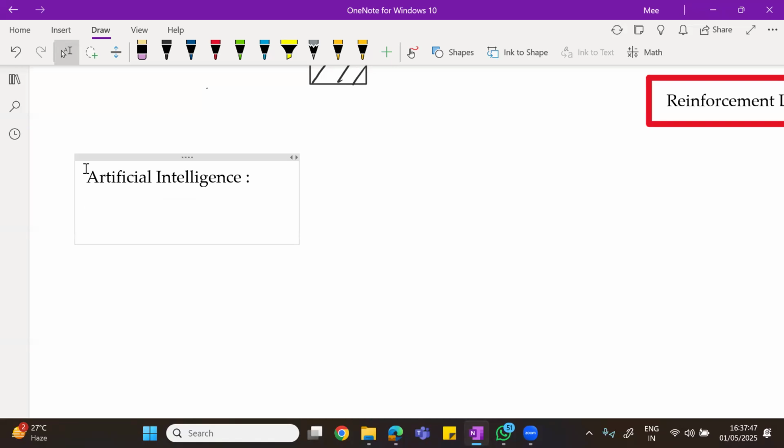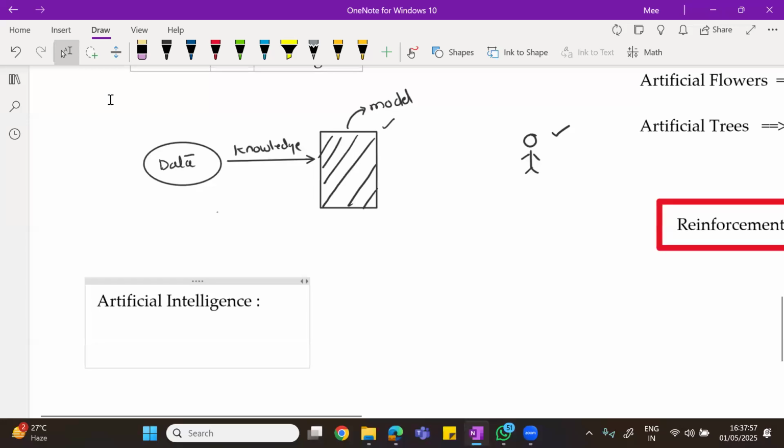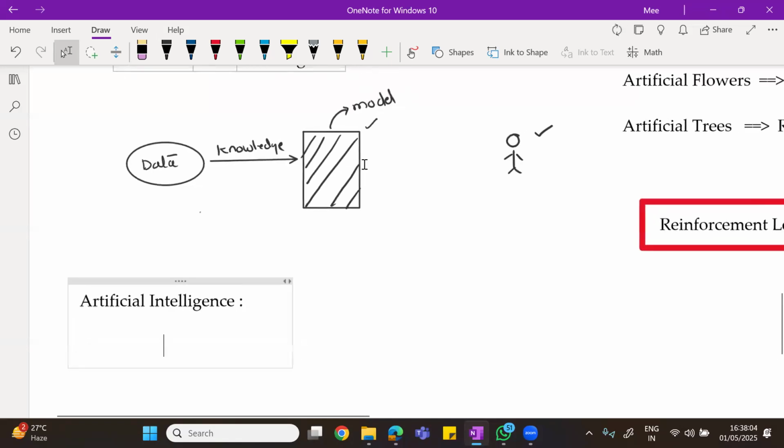So we can say that artificial intelligence is a field of computer science which is used to build intelligent machines, which are capable of performing tasks which require human intelligence.